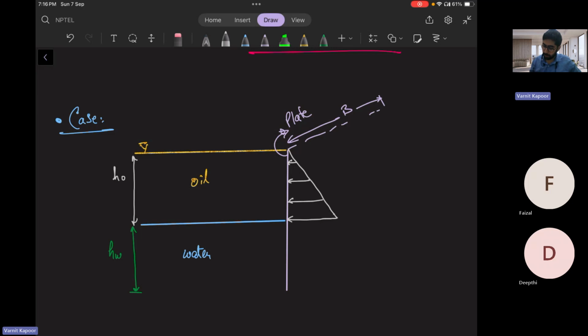That will be FP1. Let us say the pressure force of this much is FP1, at the center of pressure of this diagram. This is the first diagram. Then oil is at a constant height, and below that there is water. Now the oil will show a constant pressure because the oil was maximum till that depth.